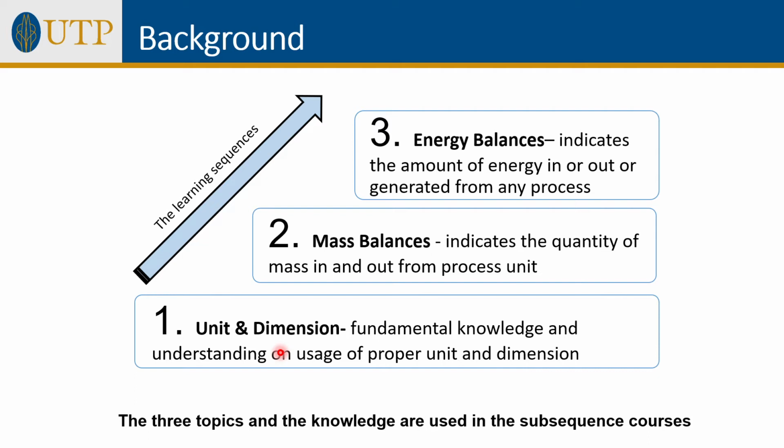Then mass balance that indicates the quantity of the mass in and out from the process unit. Teaching mass balance is quite challenging because normally when we teach this concept, we need to implement it in certain unit operation. For example, mass balance in distillation unit, in evaporation unit, in the reaction unit.